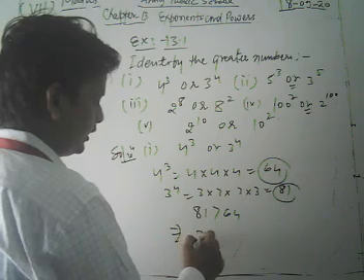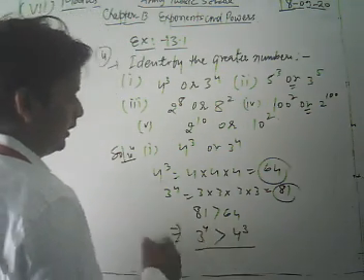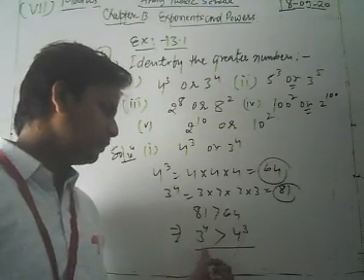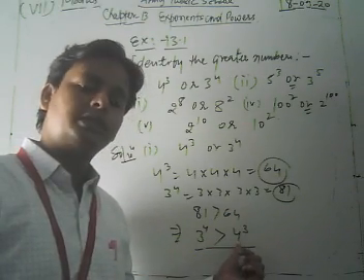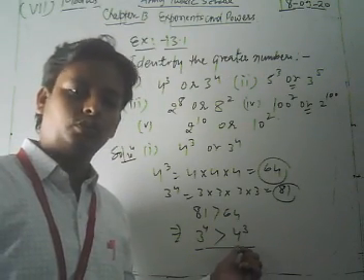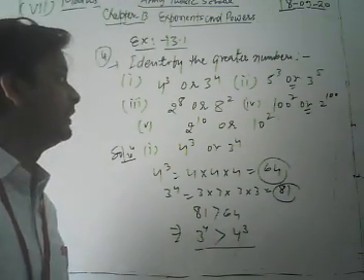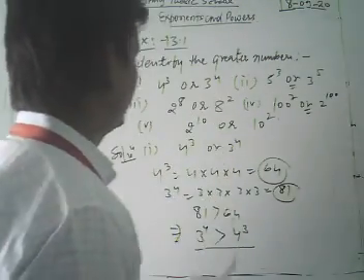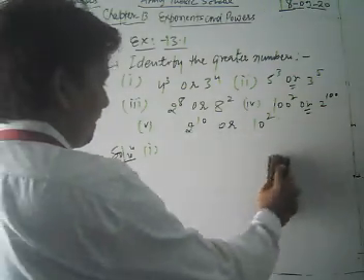So we can write 3 to the power 4 is greater than 4 to the power 3. This is the method to identify the greater number between two numbers. Now we take and solve the next part of this question.